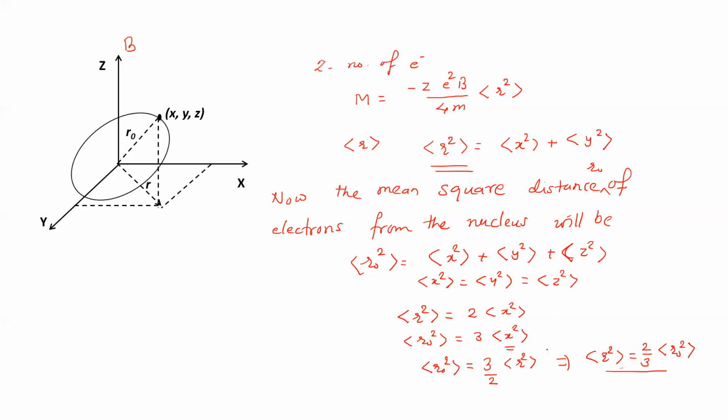So you can use this value of r square in the expression for the magnetic moment of this atom as a whole, and you can write this as m is equal to the magnetic moment of this system, minus ZE square B divided by 4m, into the average value of R square as 2 by 3 the average value of R0 square.